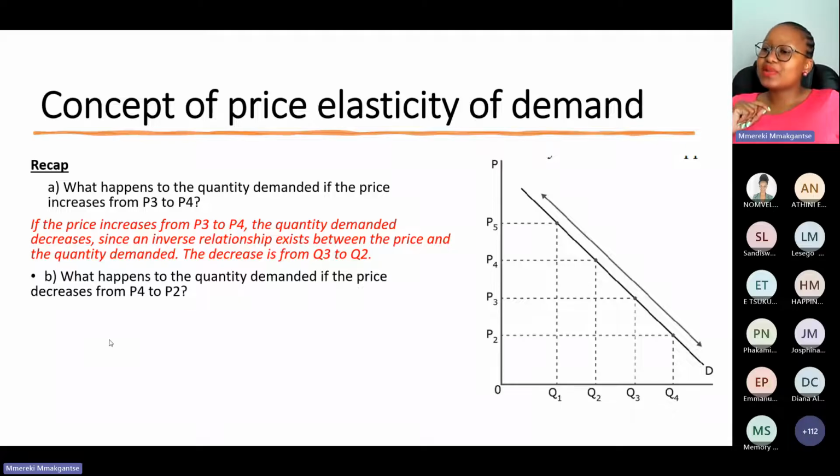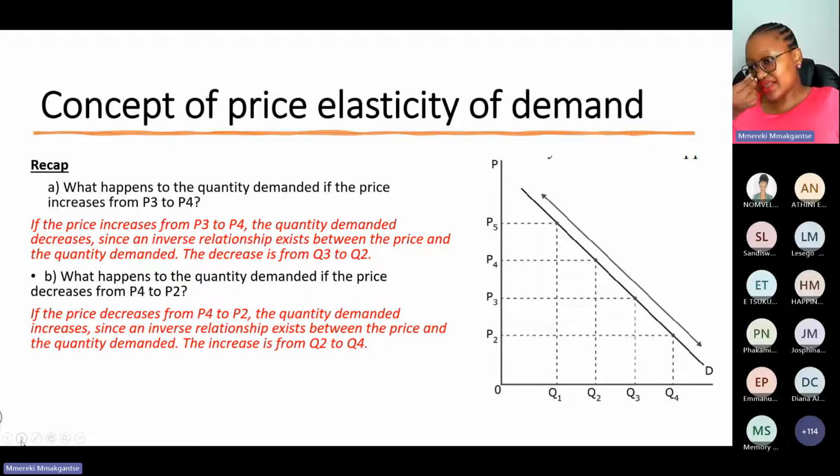Number two, what happens to the quantity demanded if the price decreases from P4 to P2? What happens to quantity demanded? Yes. Correct.